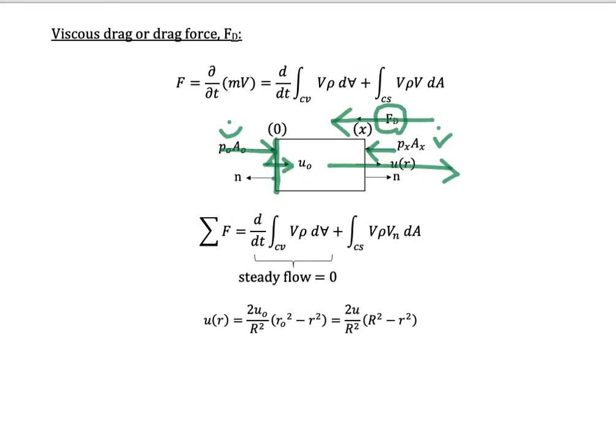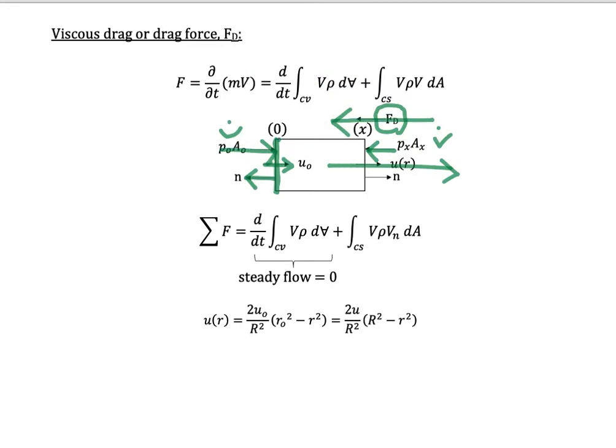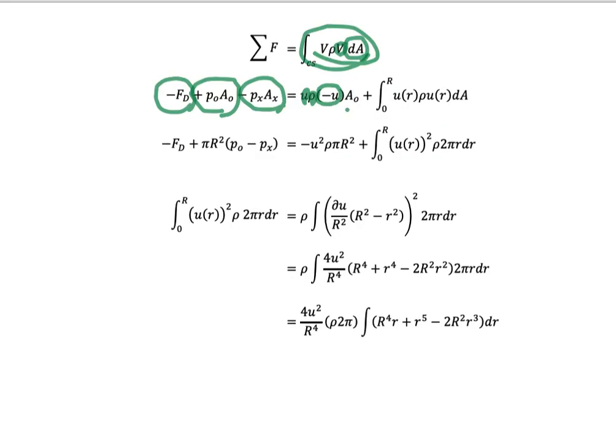Because the positive n axis is from right to left, but the velocity is moving from left to right, we write negative U. The A here is the cross-sectional area at this one, which is maintained as A naught.